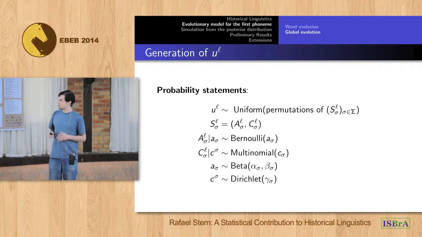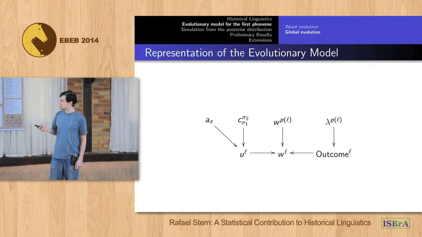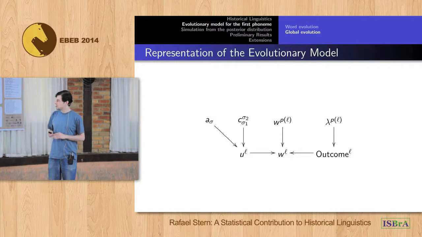So now that we have all of these parameters defined and how to generate them, the full model is specified, and you can do inference on the model. And it can be simplified. This is a slice of the model in a given branch of the tree. So we have the frequencies of sound changes that occur, and that's used to construct the sound changes that happen in the language L. Then we have the words for the proto-language.